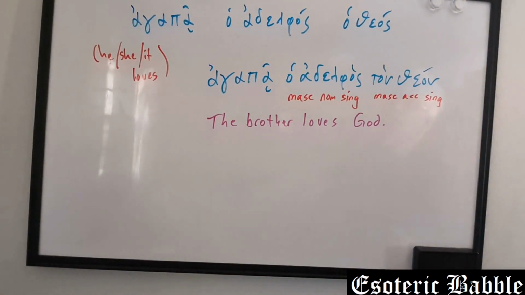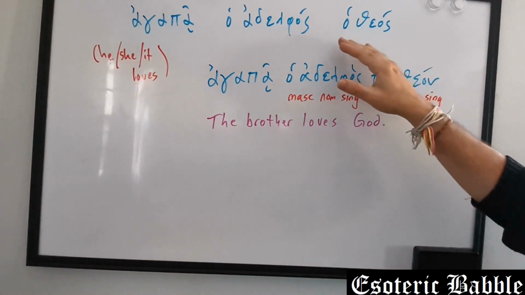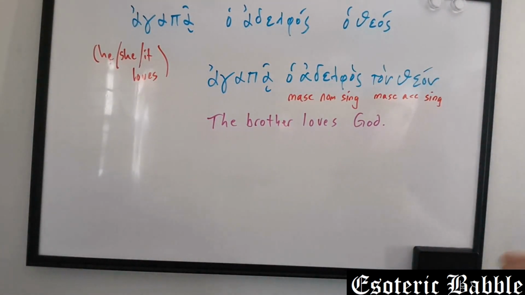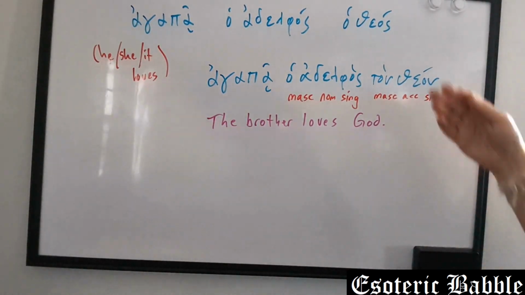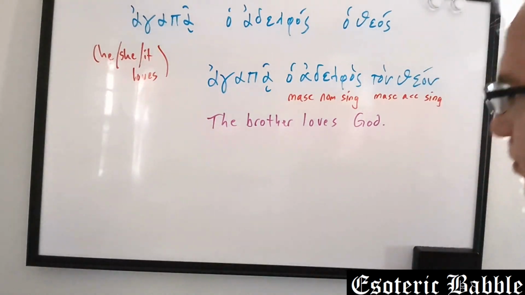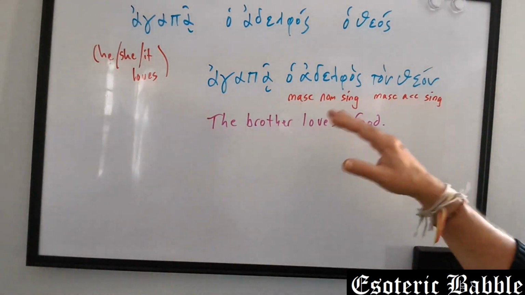Something you'll get used to and you won't even think about it after a while is theos in Greek is usually going to have the article. This is an instance where we have a definite article, Greek has a definite article, the usages don't overlap like 100%. We don't use the article that way. If we put an article in here, the brother loves the God, that might mean one God out of many.